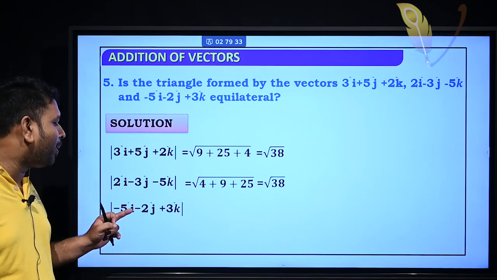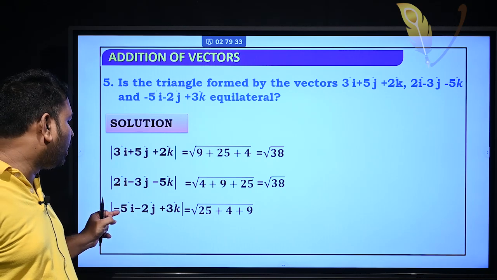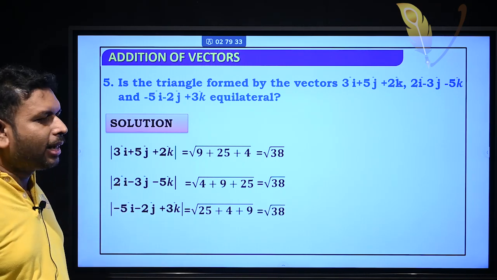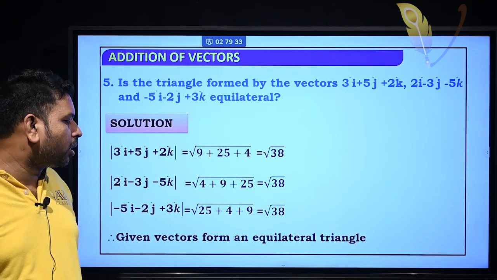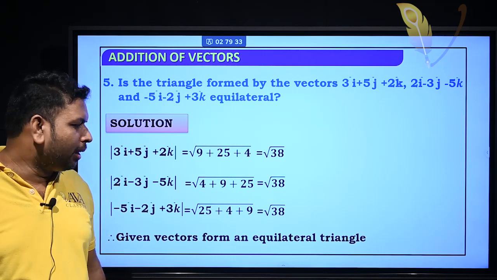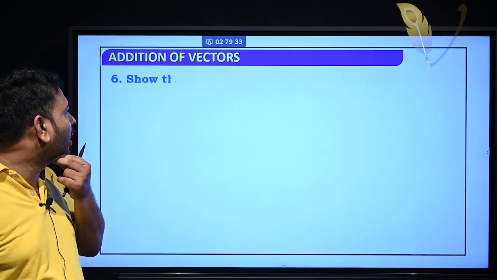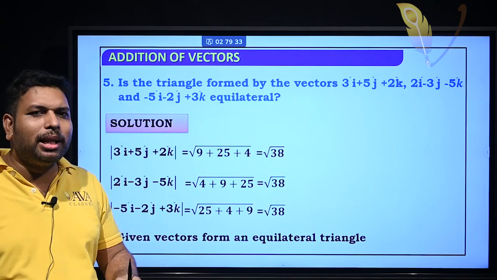The modulus of minus 5i cap minus 2j cap plus 3k cap is root over 25 plus 4 plus 9, that is root 38. Okay, so the given vectors form an equilateral triangle, because all sides have equal length.